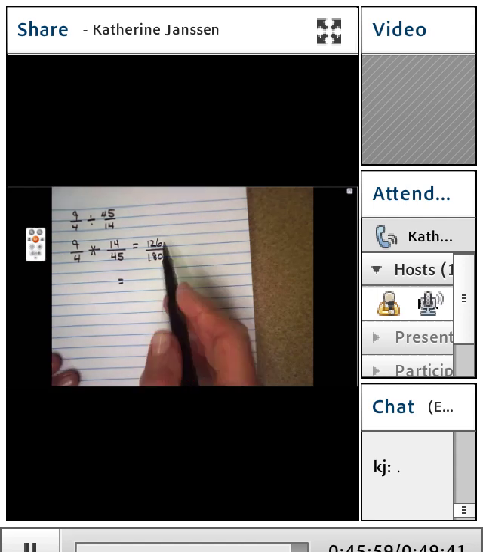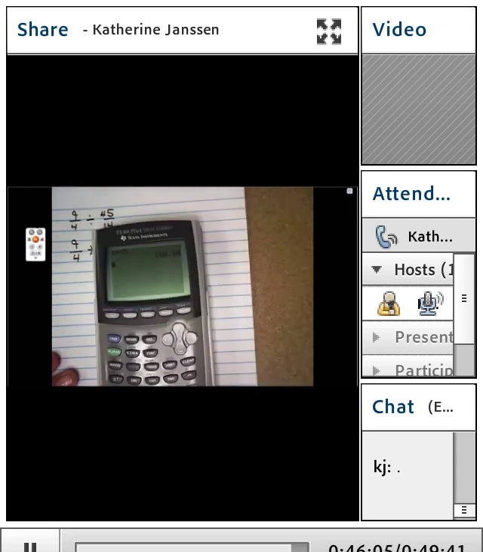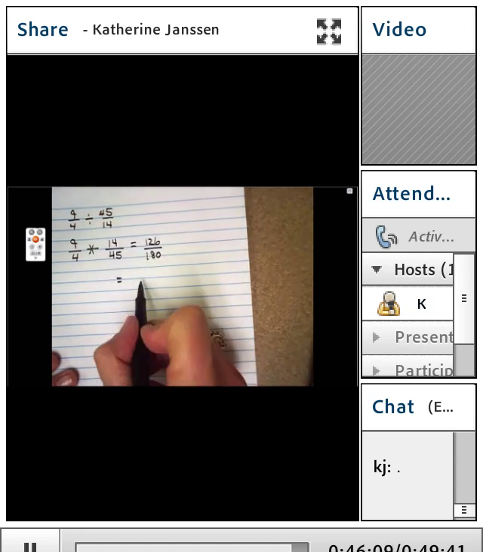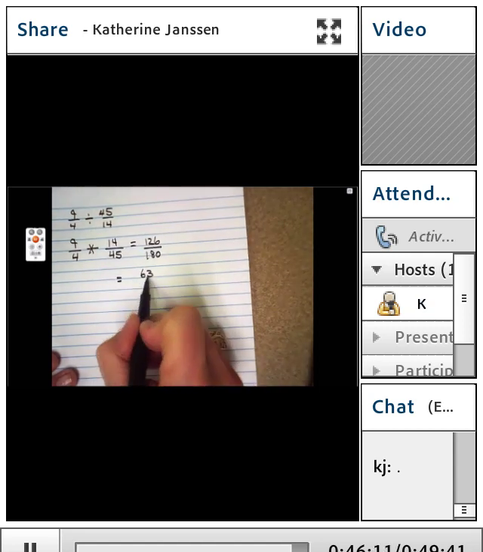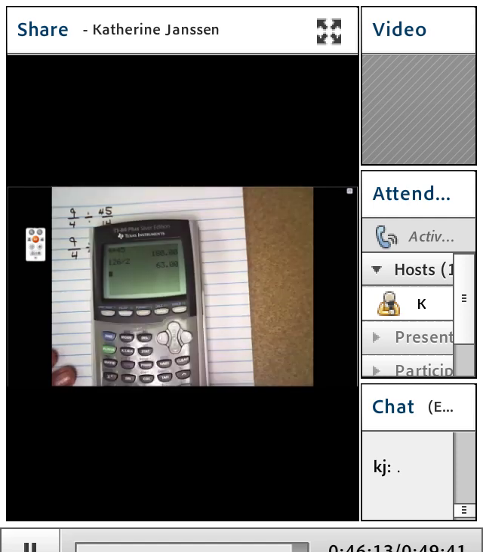This is even. I know at least 2 will go into each. So 126 divided by 2 is 63, and 180 divided by 2 is 90.